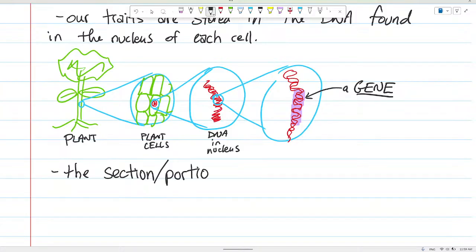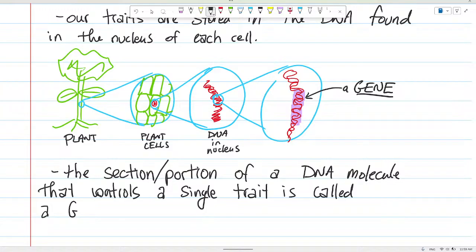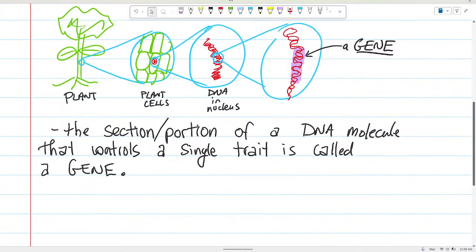So the section or portion of a DNA molecule that controls a single trait is called a gene. Does that poorly drawn diagram kind of make sense? Okay.